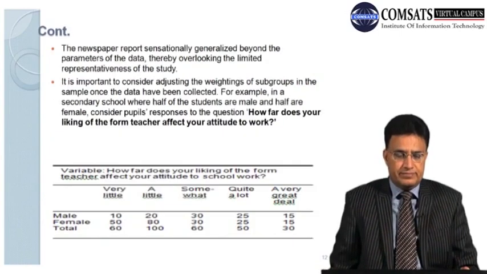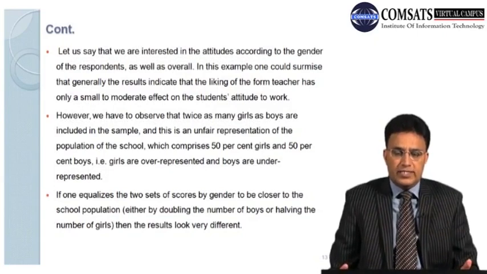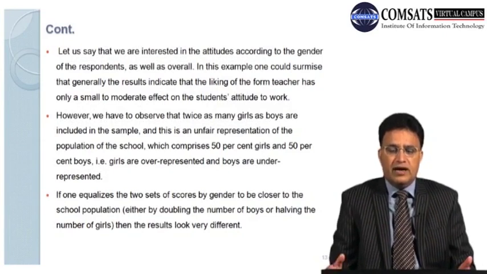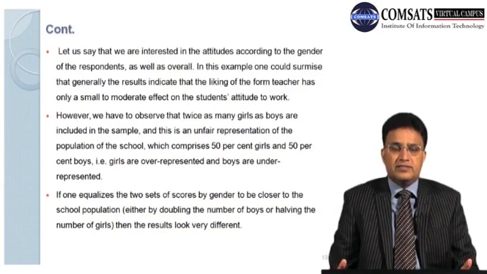Look at it again. However, we have to observe that twice as many girls as boys are included in the sample, and this is an unfair representation of the population of the school, which comprises 50% girls and 50% boys. That is, girls are overrepresented and boys are underrepresented.